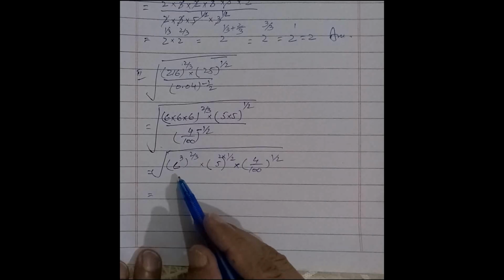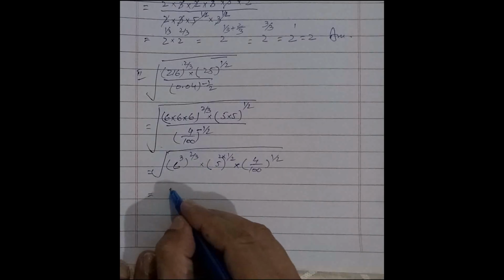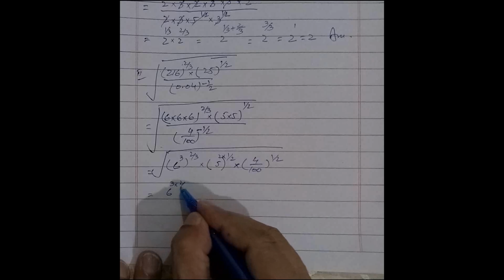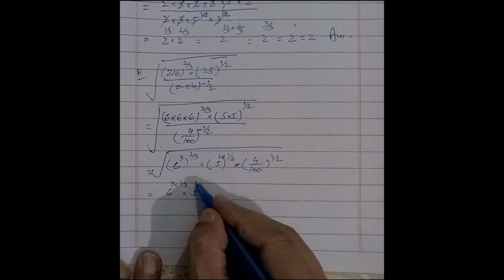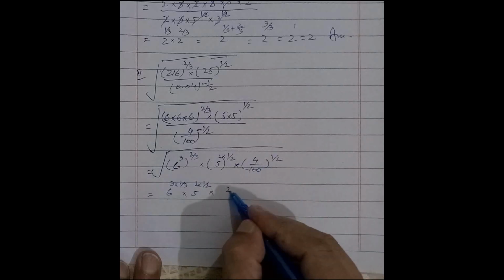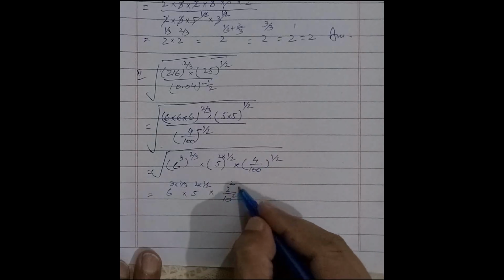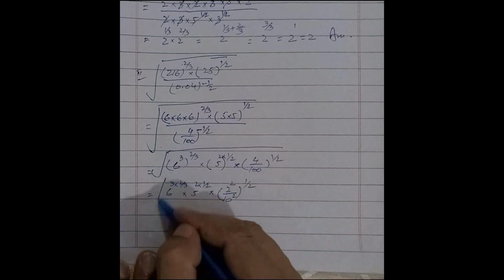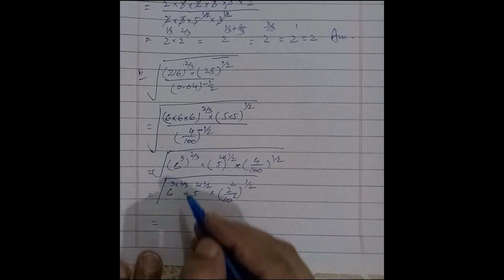And then we multiply powers, we get 6 power 3 multiplied by 2 over 3, 5 power 2 multiplied by 1 over 2, and the other is 4 power 2 over 10 power 2 whole power 1 over 2, takes square root.